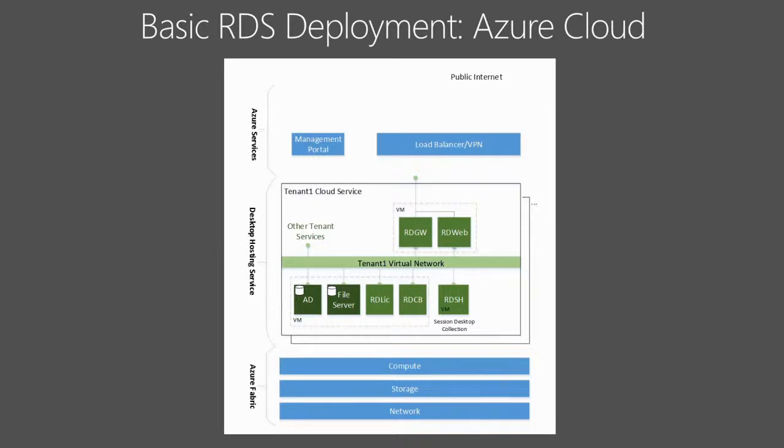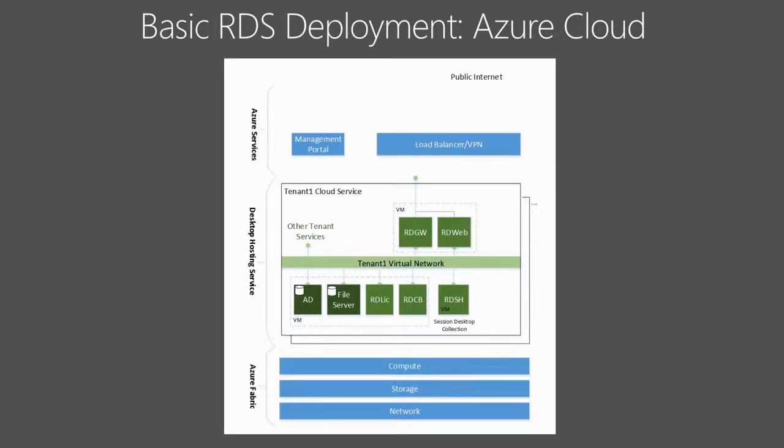The 2 darker green boxes represent 2 role services that are required by RDS to deploy. Active Directory, and this is not Azure Active Directory, this is Active Directory domain services that's in Server. And of course, you've got to have an SMB file share if you want to use what we call user profile disks.